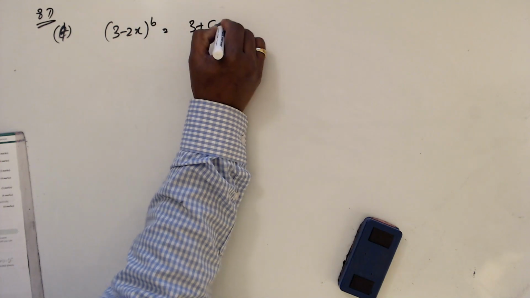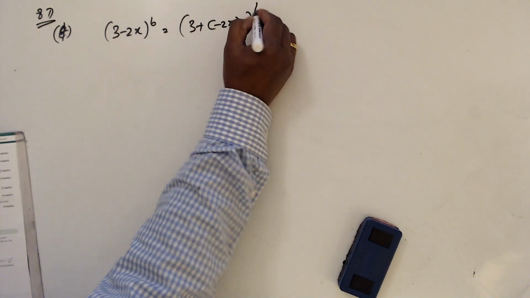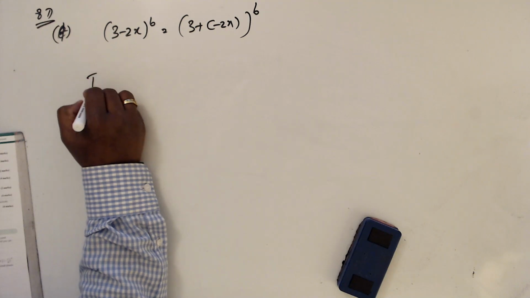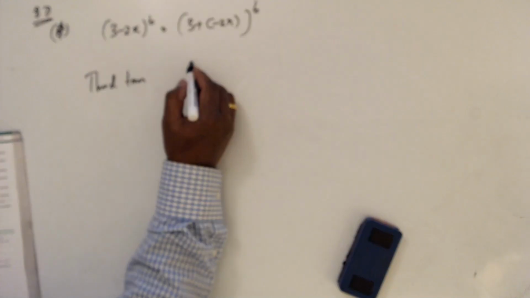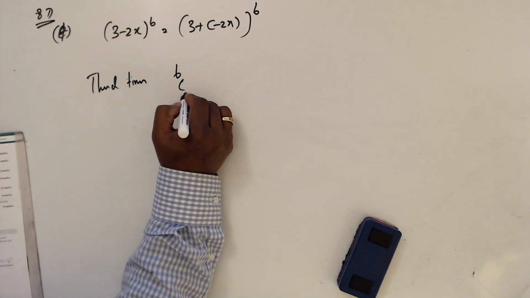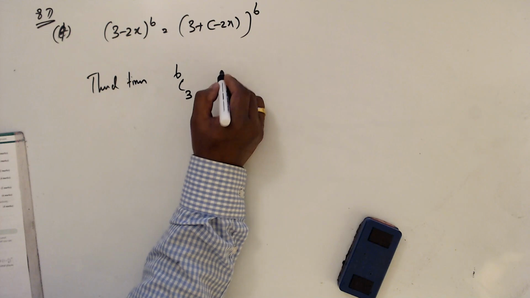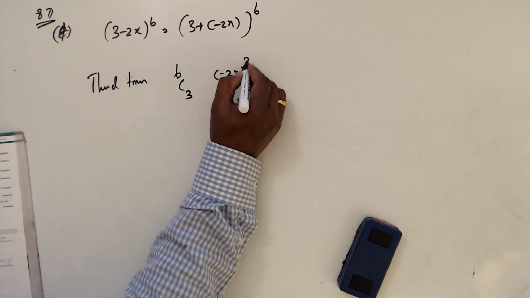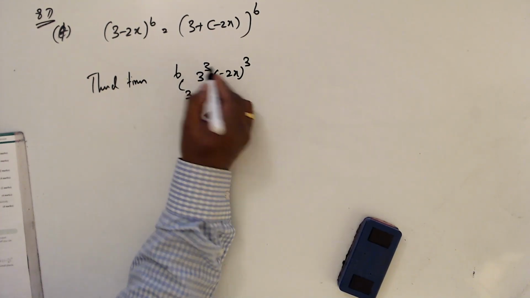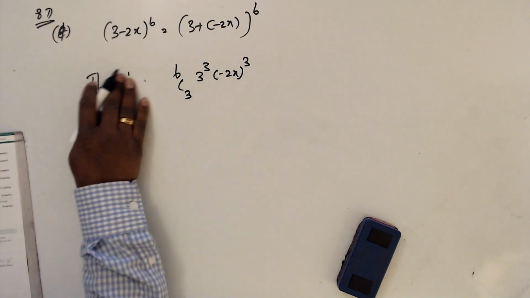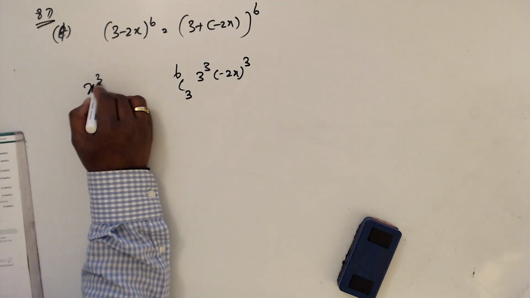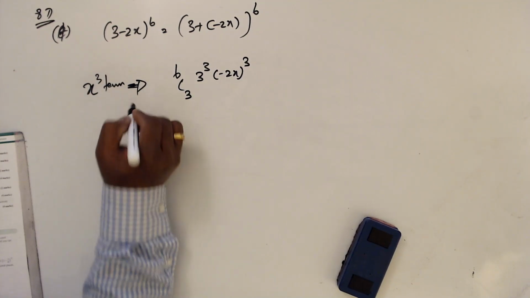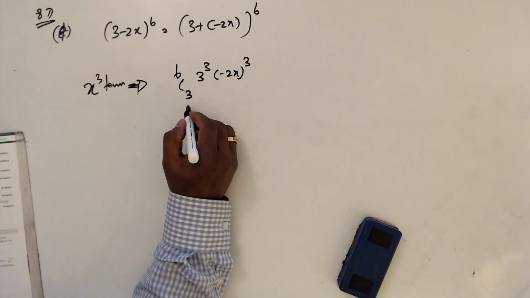So 3 minus 2x, we can write 3 plus minus 2x to the 6, and the third term we want to write 6c3, minus 2x cubed and 3 cubed. Oh, this is not the third term, or you can write this is the x cubed term. Right, so now this is 6c3.